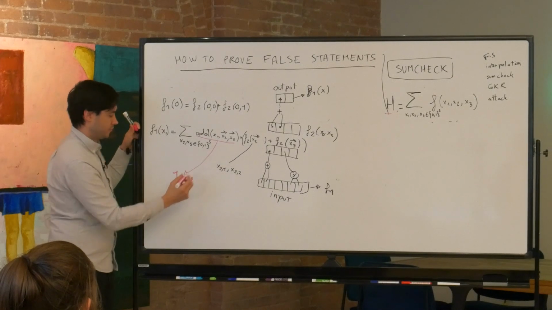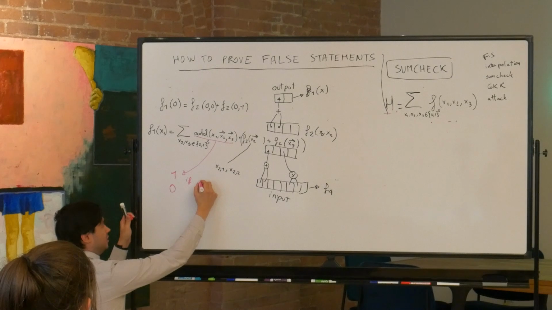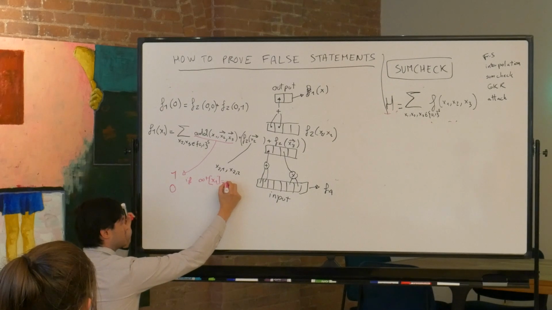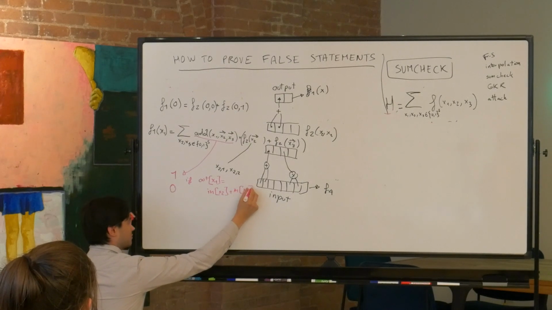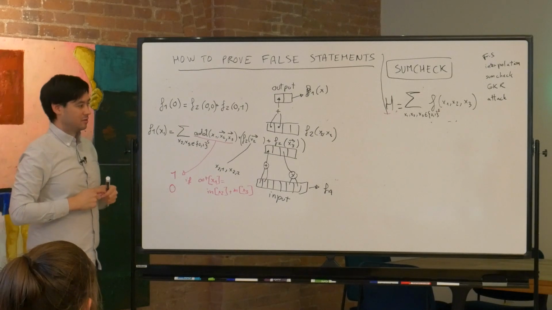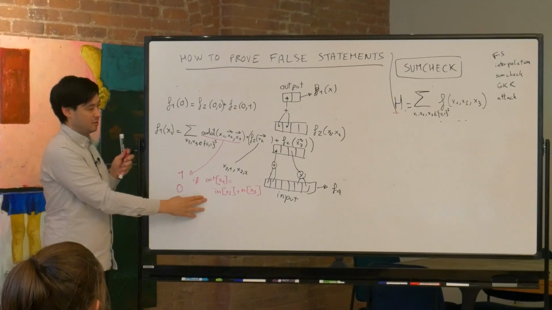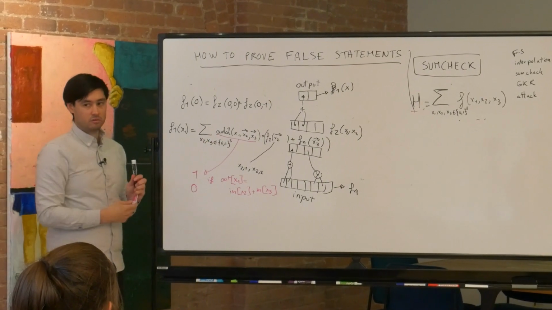It's 1 if you want, in computer notation, x1 equals in x2 plus in x3. I don't know if this is more confusing than just staying with math, but you can think about a program where this thing just tells you if you have an addition or if you don't.